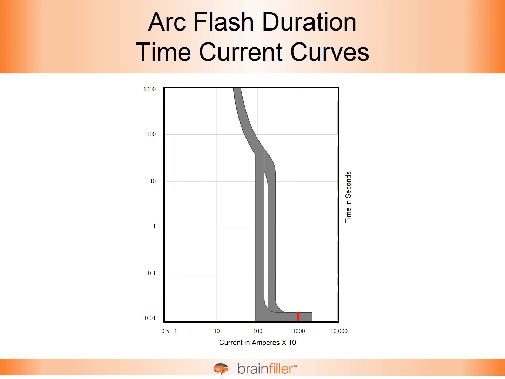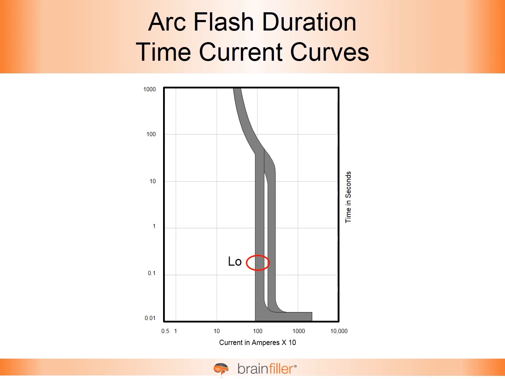As an example, where the red line is, let's say that we have a short circuit out at that point. It would actually be, for our case, an arcing short circuit current. At that point, this indicates that the device would operate in 0.0167 seconds, very quickly. And that would help to minimize the magnitude of the incident energy from an arc flash.